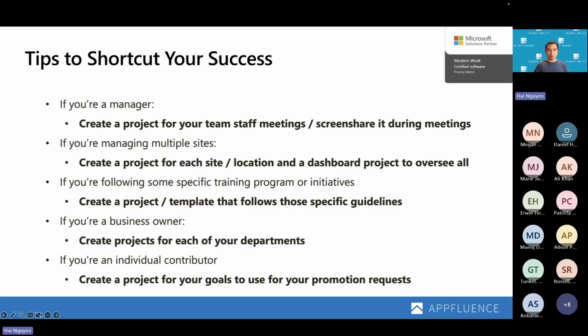Now, if you follow specific training programs, as an example, let's just say you have an employee onboarding process or a client onboarding process, and within that, maybe you have 30 things you have to do. It's a checklist, but they still have priority levels.